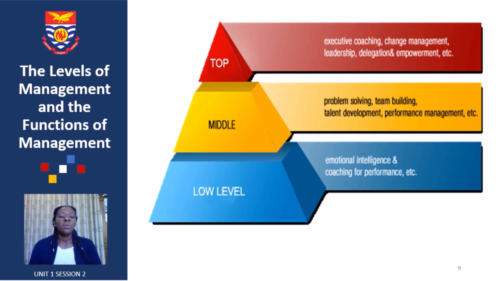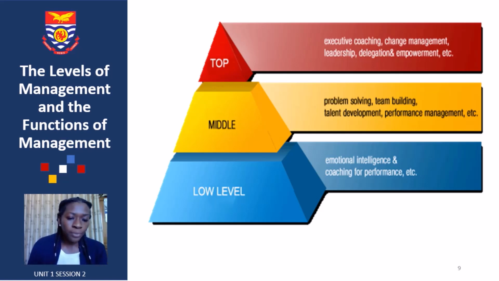When it comes to breaking the work down for the various people under them to get it done, they are there. They are the bridge between the top and the lower. With these people, you look at talent development, performance management, and all those issues. We'll look at this in detail in our subsequent sessions.